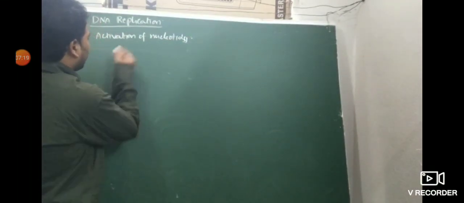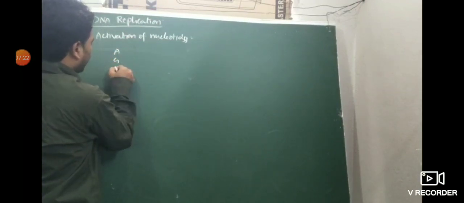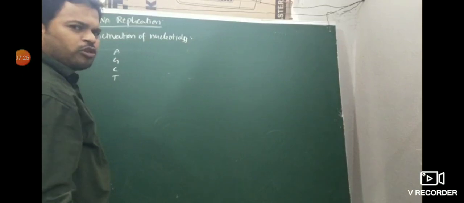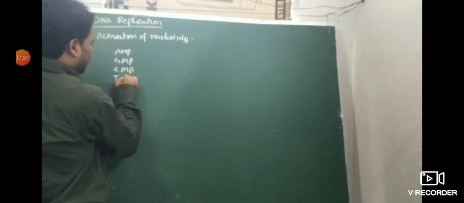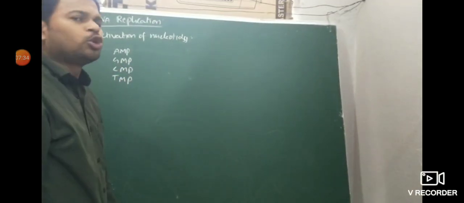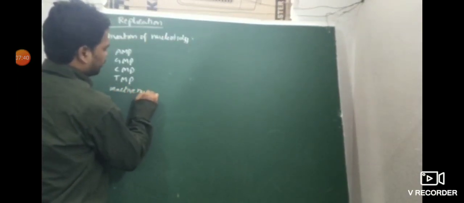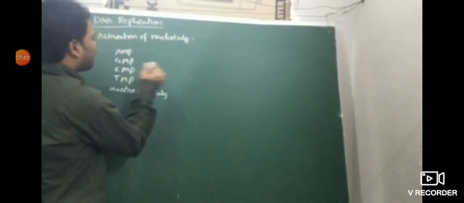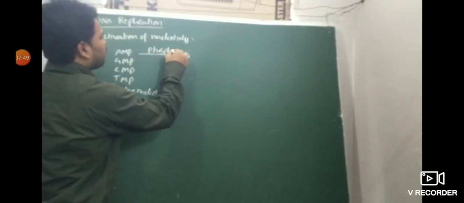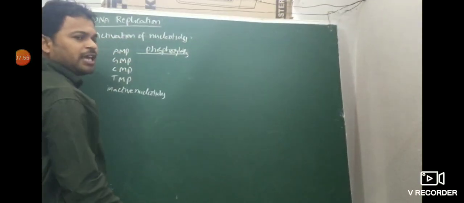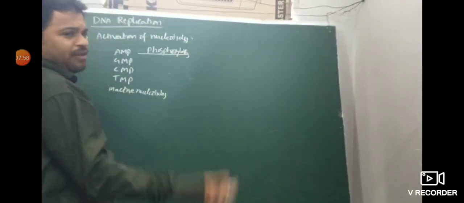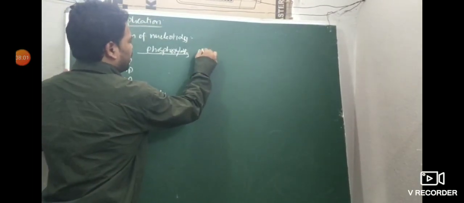Activation of nucleotides means: in DNA there are adenine, guanine, cytosine, thymine, the four nitrogen bases. The nucleotides AMP, GMP, CMP, TMP are inactive nucleotides. How do inactive nucleotides become active? In the presence of phosphorylase enzyme, phosphate is added. When phosphate is added to AMP, it forms adenosine diphosphate, then adenosine triphosphate, ATP.